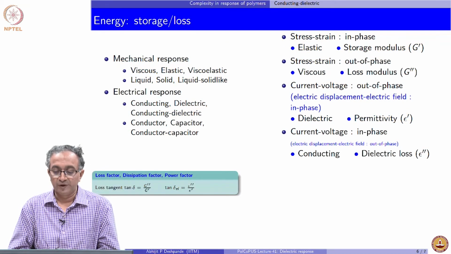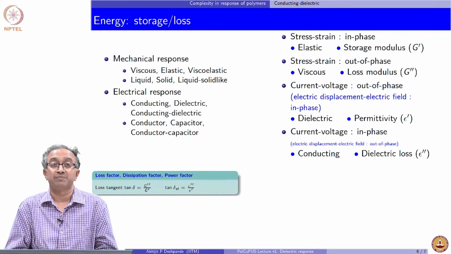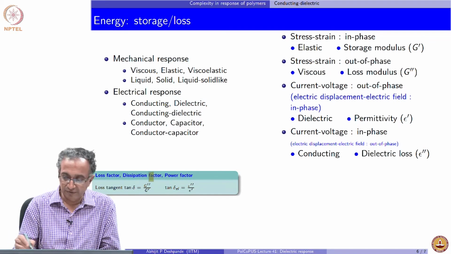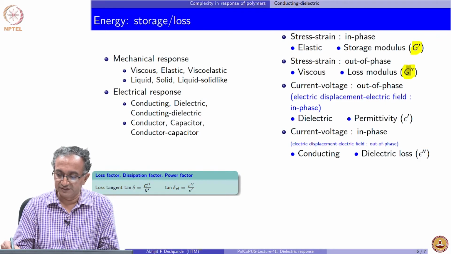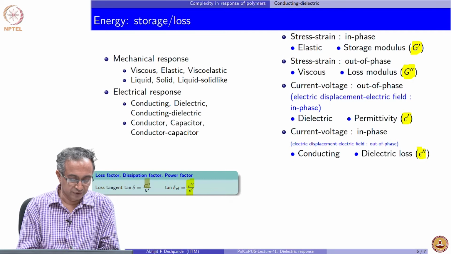One way to measure the loss and dissipation in these materials is to look at the ratio. Instead of looking at the variables by themselves, we can look at the loss to storage ratio.